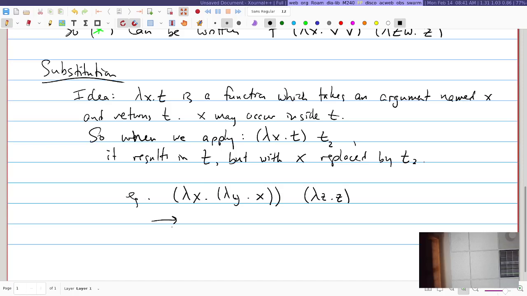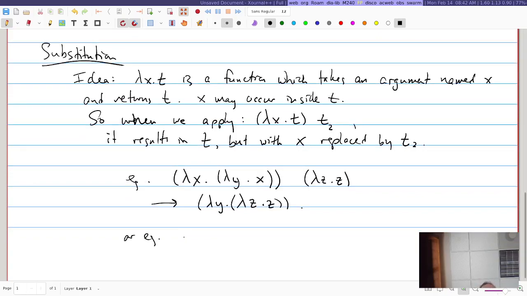I'm applying it to something, so I'm going to return lambda y dot x, except x we now know is lambda z dot z. So I replace x with this, and I get lambda y dot lambda z dot z. Okay.